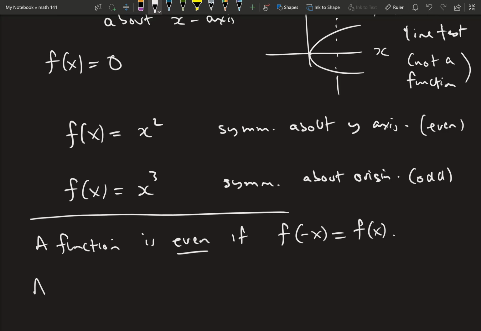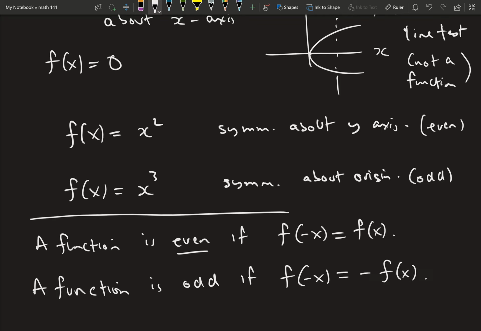And that's why we like these definitions more than just generically symmetry about the y-axis and about the origin. We say even and odd. And a function is odd if f of negative x equals the negative of f of x.